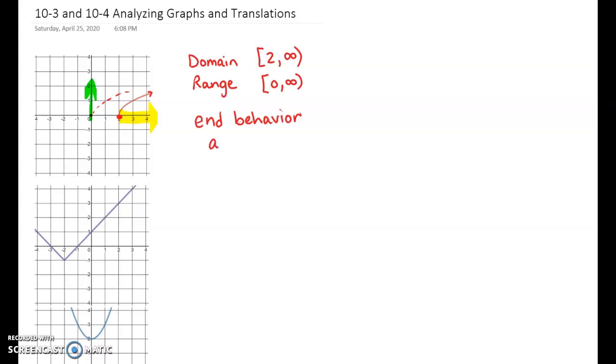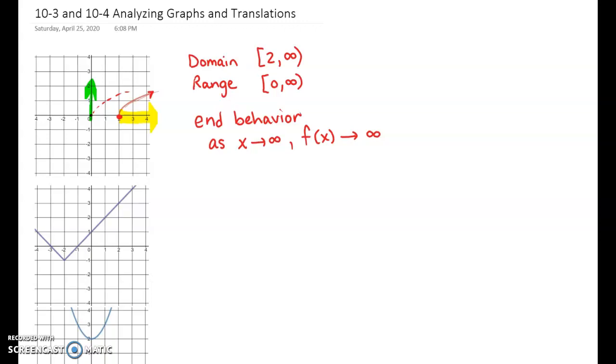So for this graph, as x goes to infinity, we will not ask you to write this whole statement out yourself, but you will be expected to complete it. So you'd be expected to complete something like this. As x goes to infinity, that's the right side of my graph, my y coordinates are getting bigger and bigger towards positive infinity. My arrow points upward, continuing towards infinity.